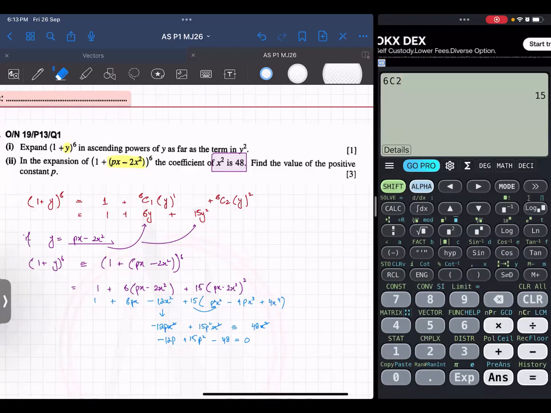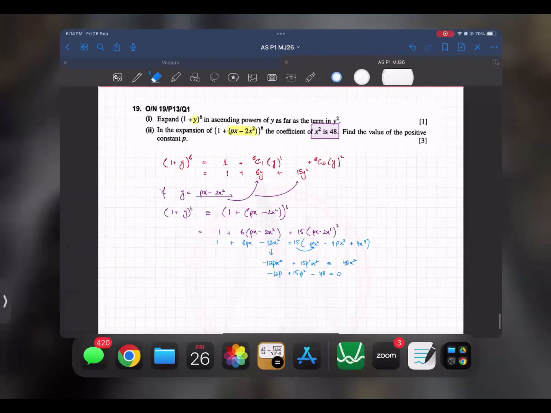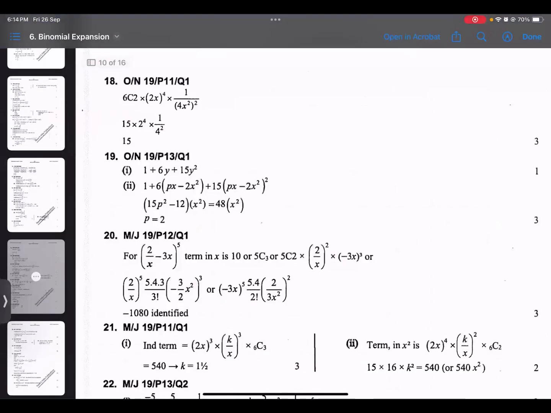Then you expand the bracket of the y, p square x square minus... I think I have done it right, but I can't find my mistake. Okay, I'm checking the answer now.